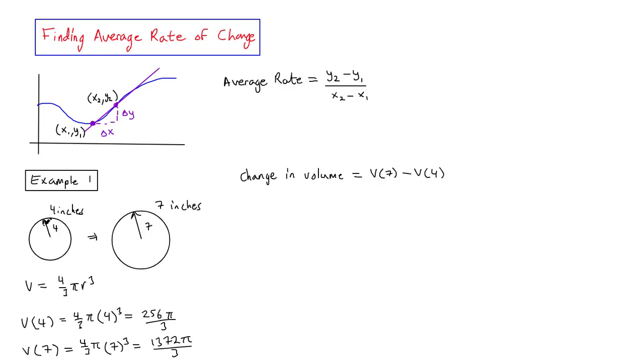We initially had a volume corresponding to 4 inches, and then in the final scenario we had a volume corresponding to 7 inches. So our change in volume is going to be the 1372 pi over 3 minus the 256 pi over 3. So when you take the difference between those two numbers, you end up with 372 pi.